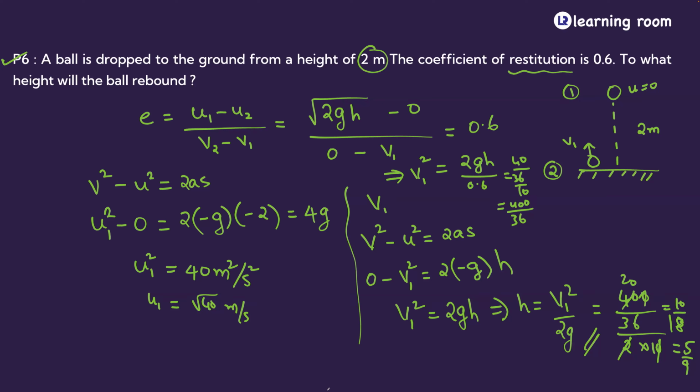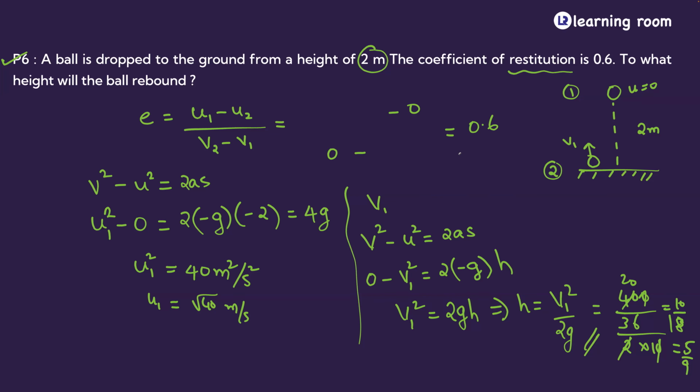See, don't erase everything. So V2 minus V1 divided by U1 minus U2.